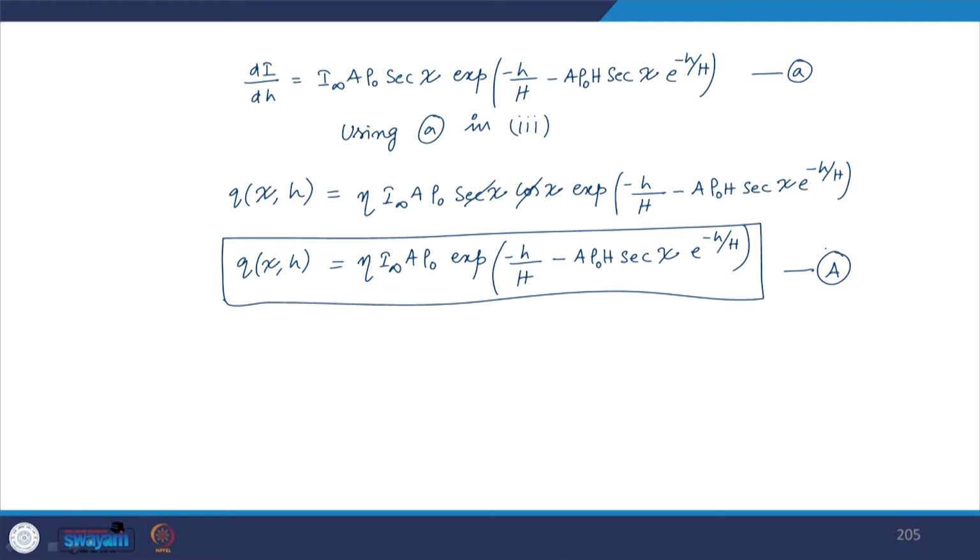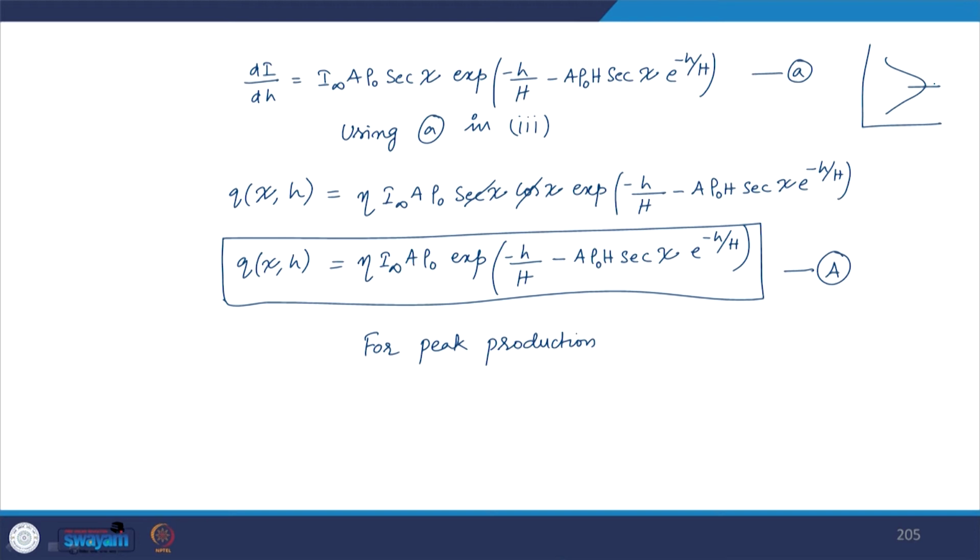Now this is the rate of production, let's say, for peak production. What is peak production? This is the peak production at which the number of electrons released is maximum, right?